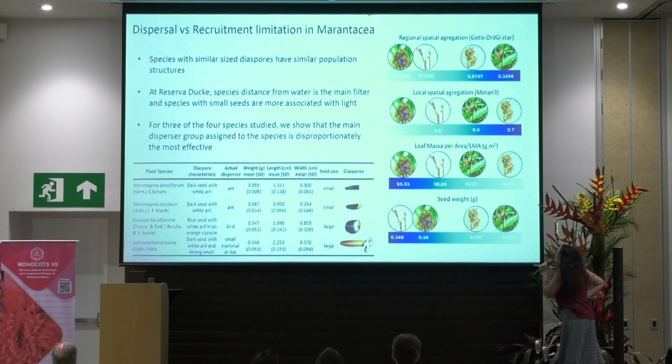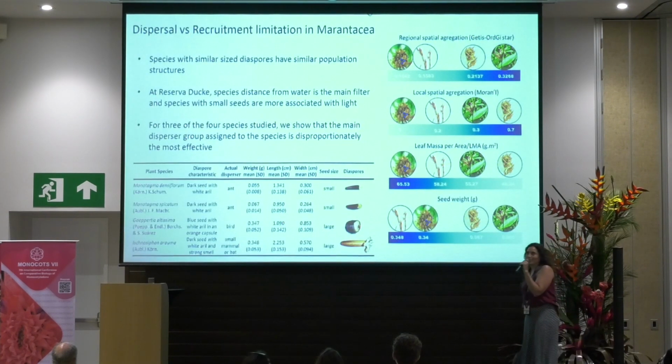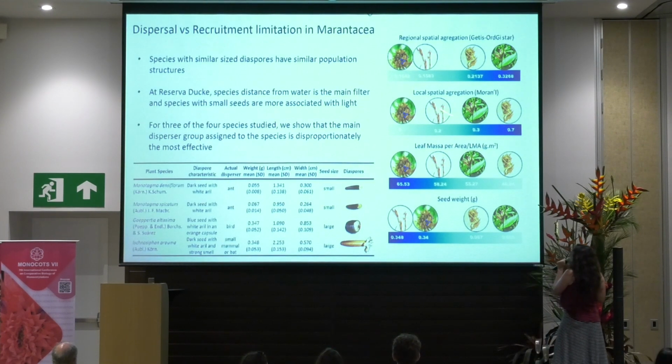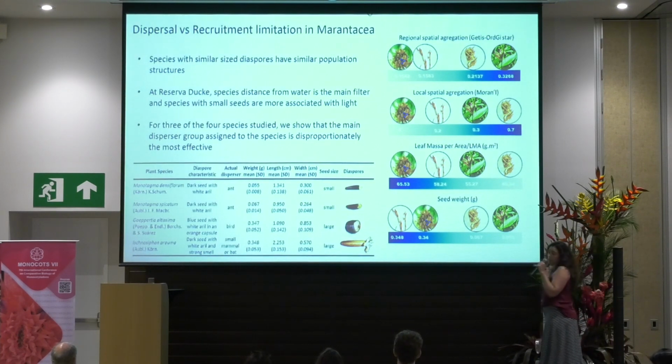Trying to summarize what we saw in terms of regional aggregations: the big seeds are really distributed along the gradient that we have in the mesoscale of Ducke Reserve, and the small seeds are more patchy at regional scales.